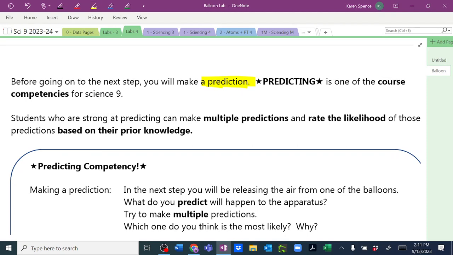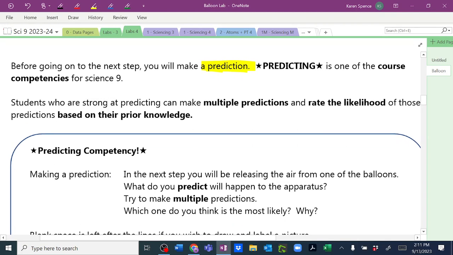Now, students who are strong at predicting will be able to make multiple predictions. What does multiple mean? More than one. And you can rate the likelihood of each of those based on your prior knowledge.